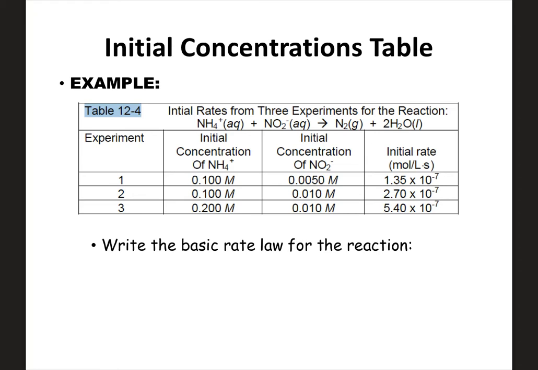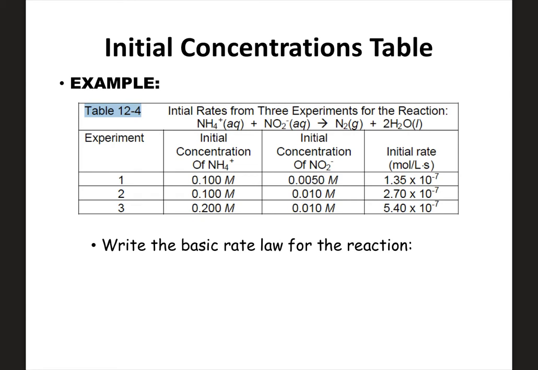If you notice, we have the initial concentration of NH4+ in this column. For experiments 1 and 2, the initial concentration of the NH4+ is both 0.100 molar. Then we alter the concentration of the NO2- in each, and then we measure the initial rate.